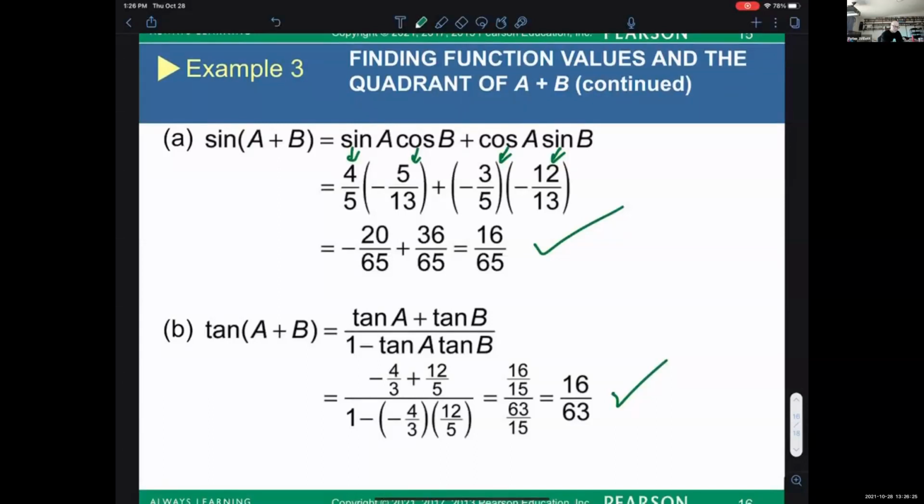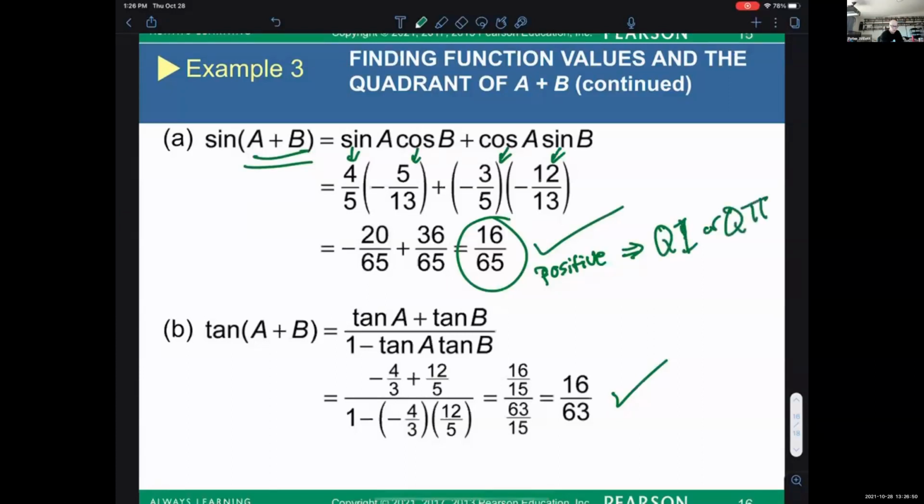For example, the fact that the sine of the sum of these angles came out to be positive implies that the y value of the point was positive, because the sine is the y value. So that means you have quadrant 1 or quadrant 2. Those are the quadrants where the sine of the point would be positive, because that's the y value.